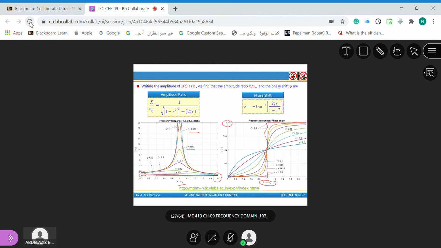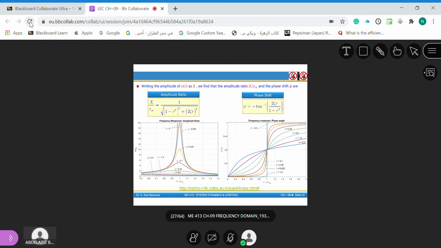With changing omega or changing zeta, these values will vary, and they will increase like this. These are the changes of the phase angle as we vary the frequency ratio R at different damping ratios.